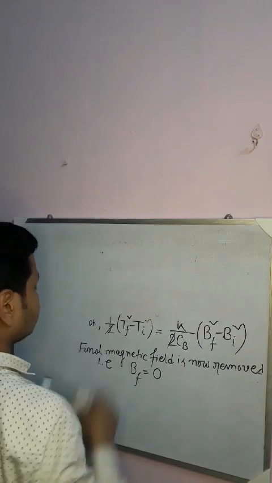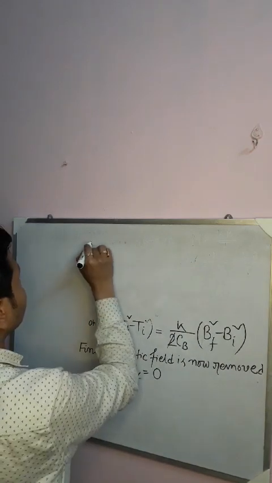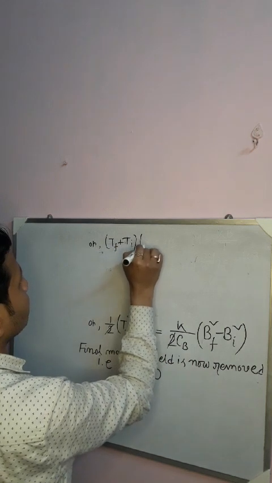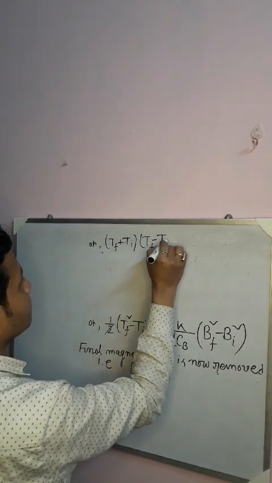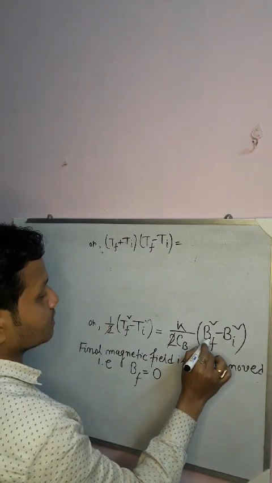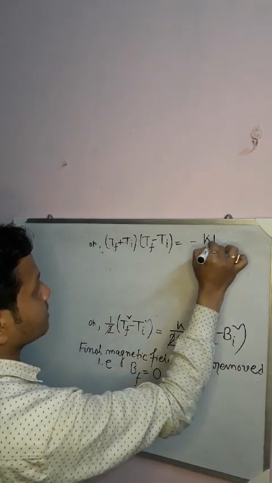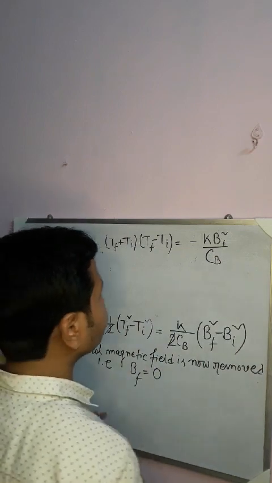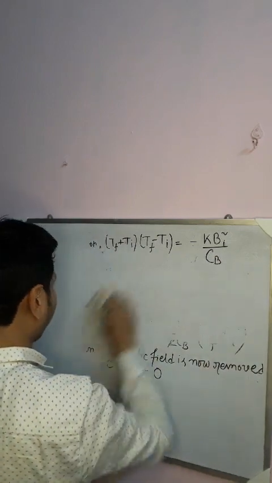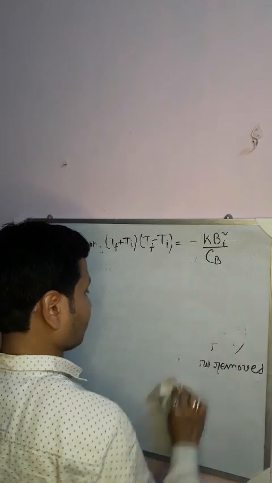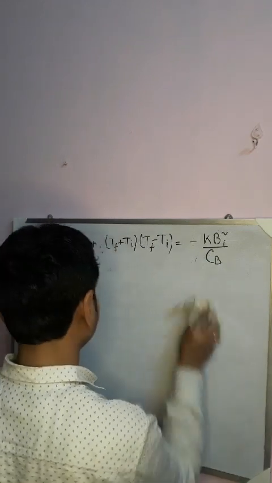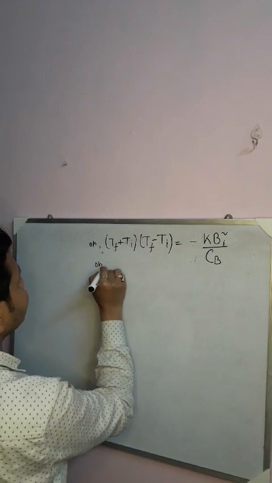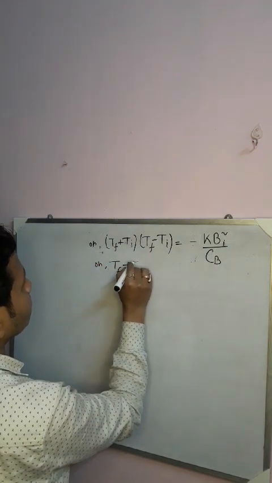So Tf square minus Ti square can be written as Tf plus Ti times Tf minus Ti, and if we put these zeros, this becomes minus K Bi square by CB. So what will be my Tf minus Ti?